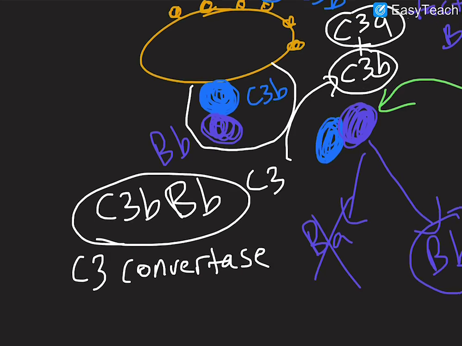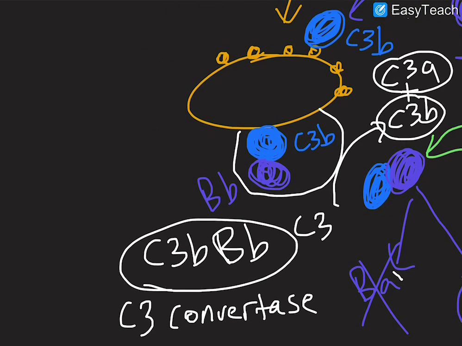The more C3b is produced, the more C3 convertases we can produce, which will then amplify the amount of C3b produced, which will then lead to more C3 convertase on the pathogen cell surface, which will again amplify, and the cycle will keep on going. So you can form more and more C3 convertases and more C3a and C3b.